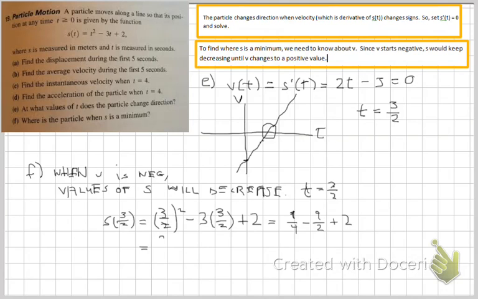We get 9 over 4 minus 18 over 4 plus 8 over 4. And altogether that gives us, let's see, 9 plus 8 is positive 17 minus 18, so it'll be at negative 1/4, right? And that's where your position would be at t equals 3/2.